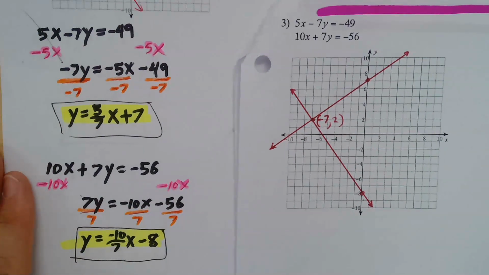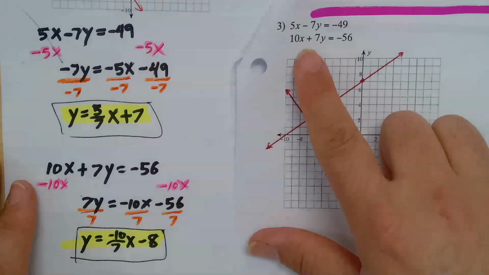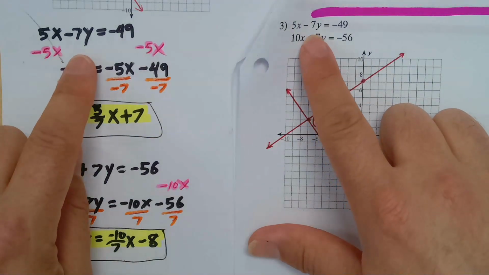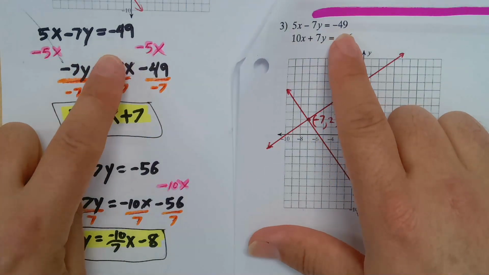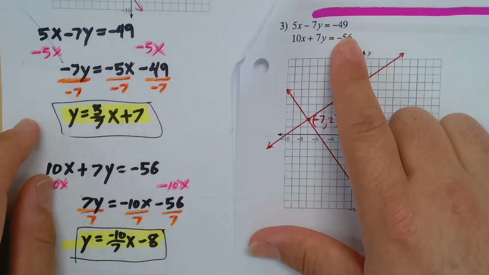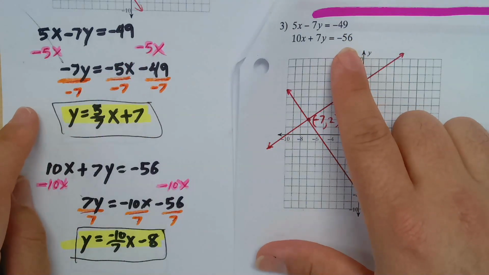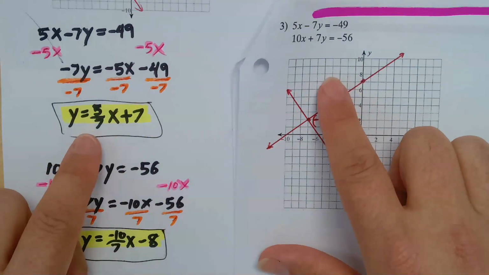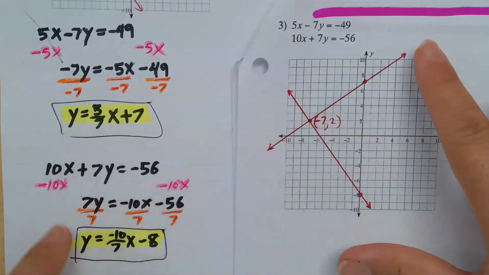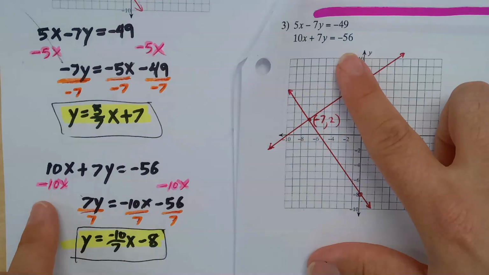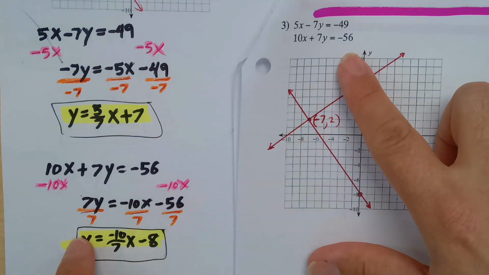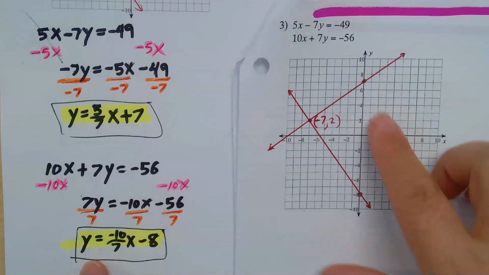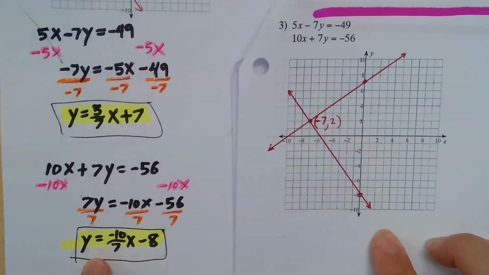So let's talk it through. Okay, so 5x minus 7y equals negative 49. Subtract 5x on both sides. Hit pause if you need to. And then we're going to divide everything by negative 7. We get this equation. Now the other one, we got to rearrange it. Same process. Subtract 10x on both sides. Divide everything by 7. And then we get these two equations.